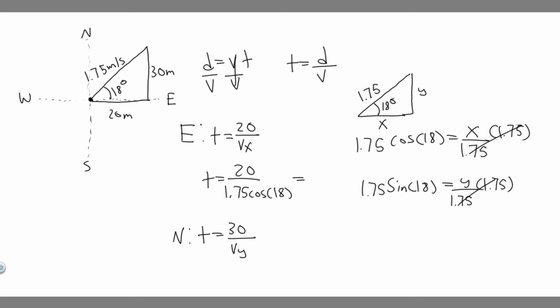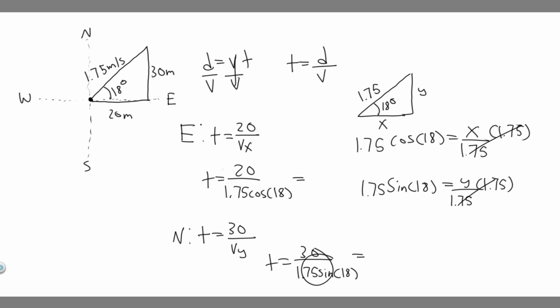So basically, it's going to be t equals 30, the distance, divided by our velocity, 1.75 times the sine of 18. And now that we've got them both, all we have to do is just solve. So let's just start with the x. 20 divided by 1.75 times the cosine of 18.